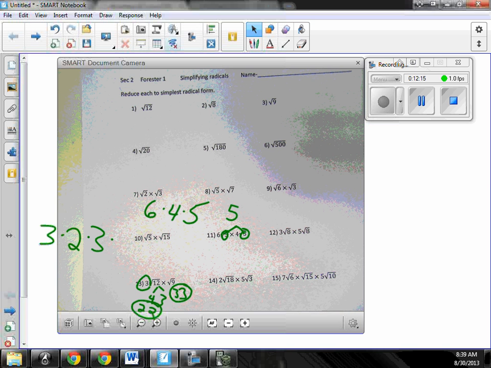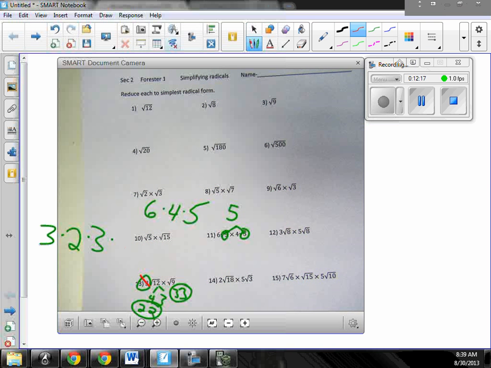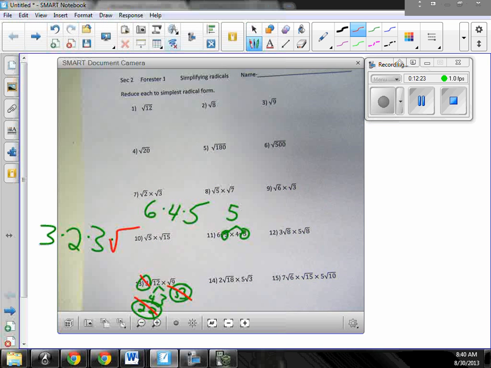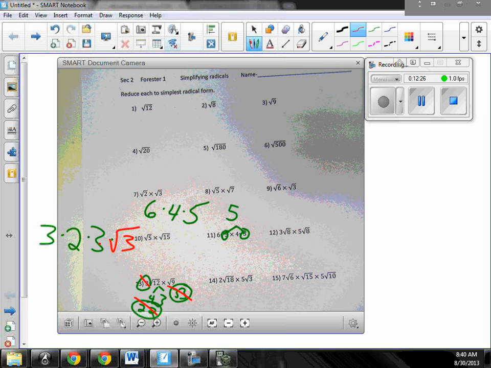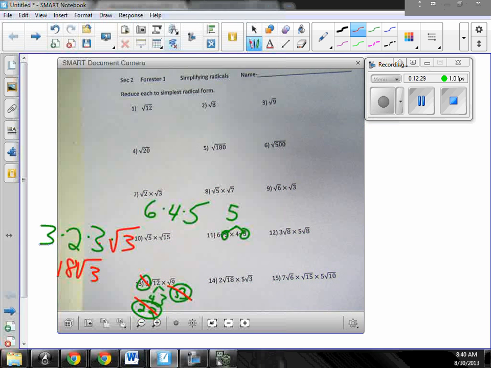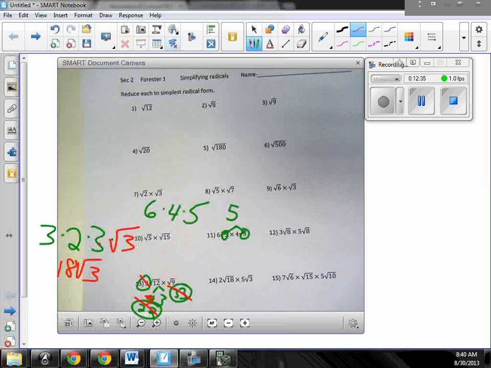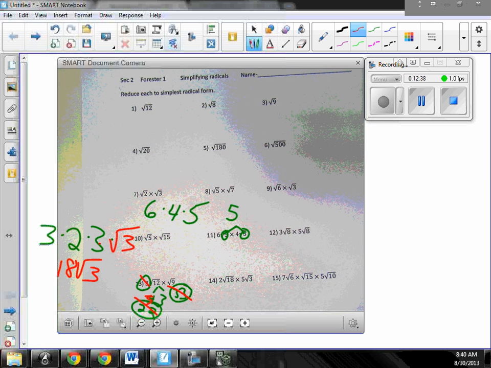So I used the outside 3, I pulled out a set of 2s, I pulled out a set of 3s. Radical 3. So that would be 6 times 3 is 18 root 3. The 4 factors, so we can ignore it. The 4 became 2 times 2. All right, I'm going to leave some of those for you to do.